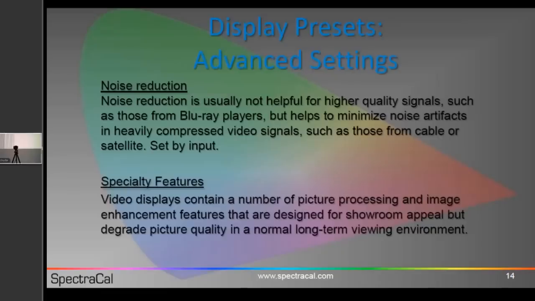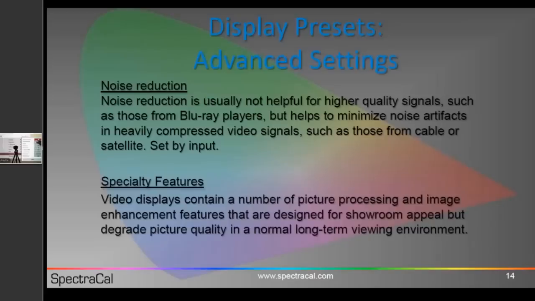Also, we want to continue looking through the menu for other specialty features, as we refer to them, other items that may affect the picture in ways that we don't want. For instance, here in the extended menu, we see a dynamic contrast setting, which is defaulted off here, and in the expert menu, that's expected. That is a desired setting for our calibration.